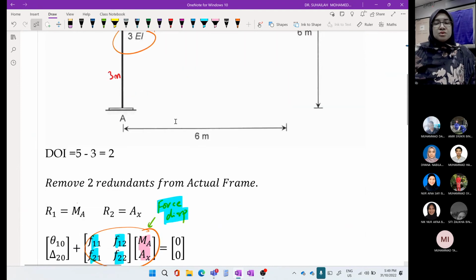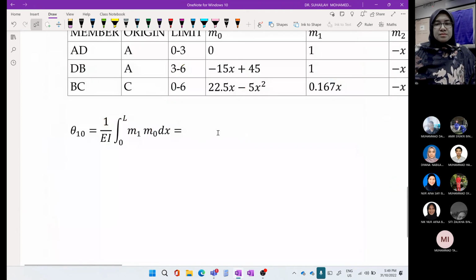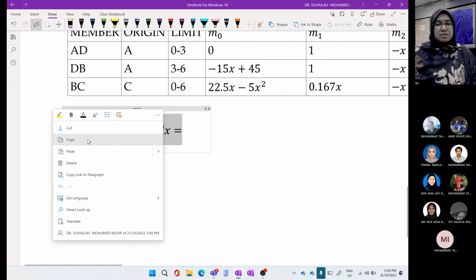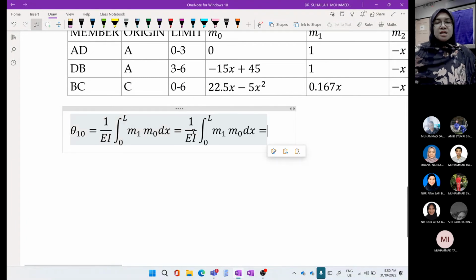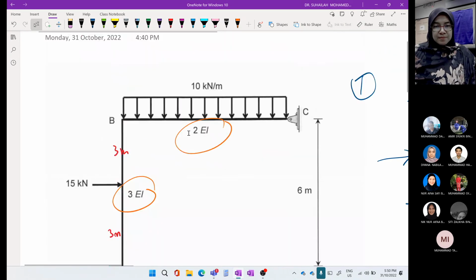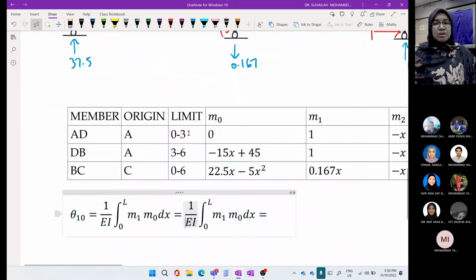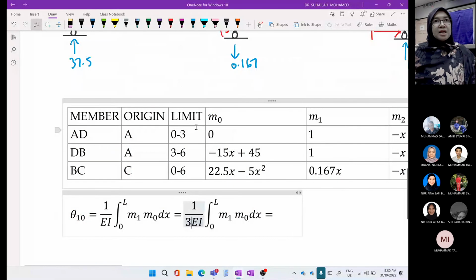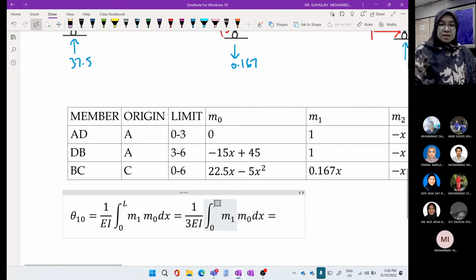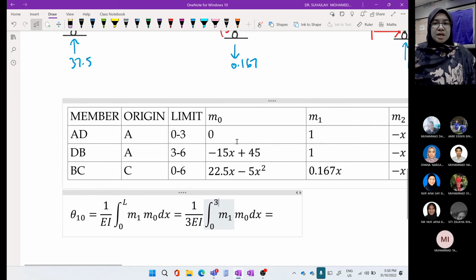So the first one is 1 over 3 dulu kan tadi? 1 over 3 EI, cutting number 1 A to D, it is 0 to 3.